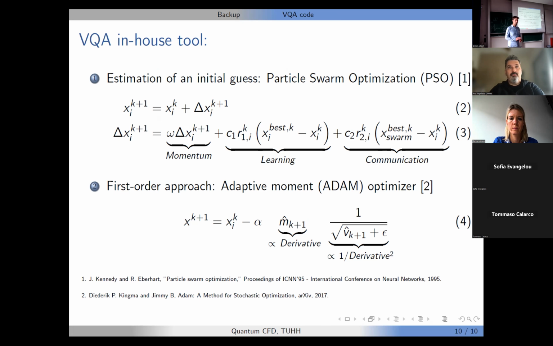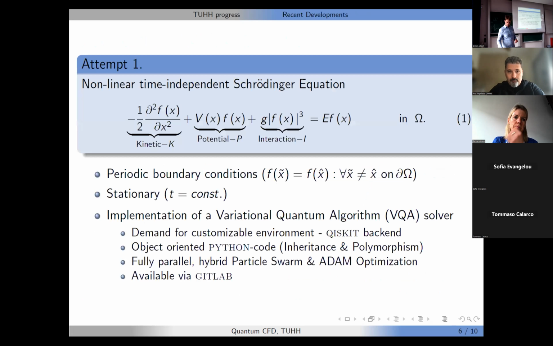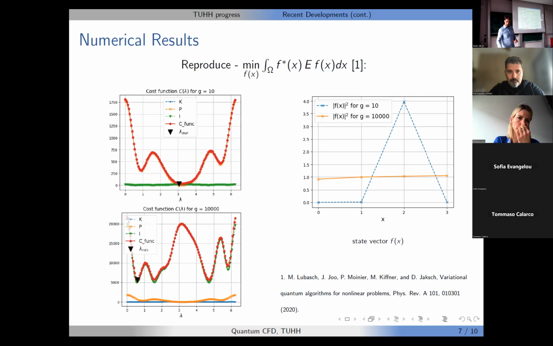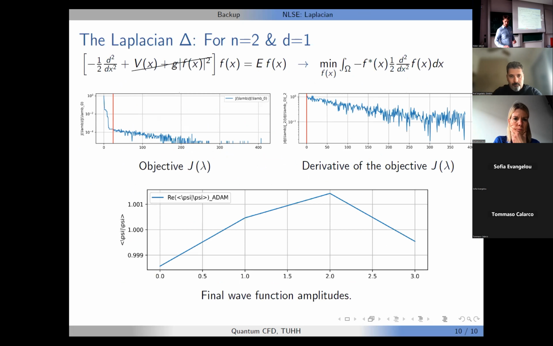Yes, Tom? It might be a really stupid question, but if you go to the Laplacian side, the solution to this is a plane wave. The solution to constant is a plane wave, constant, e to the i.